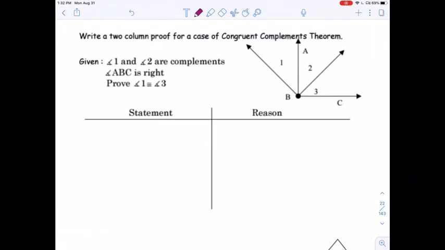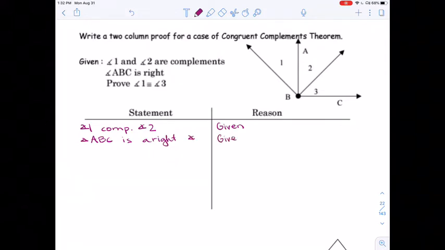So let's see, if I've got my given statements, angle 1 is complementary to angle 2, that is given, and angle ABC is a right angle, that is also given. I want to try to prove 1 and 3 are congruent to each other.